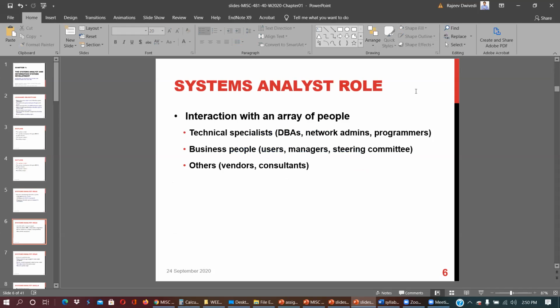Another role is to interact with an array of people: technical specialists, business people, and others. You will be surprised to know, and this is also my research, based on 11 years of research we were able to identify that there is no harmony between technical IT people and business people.